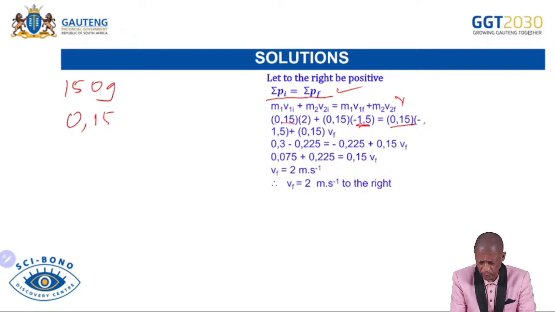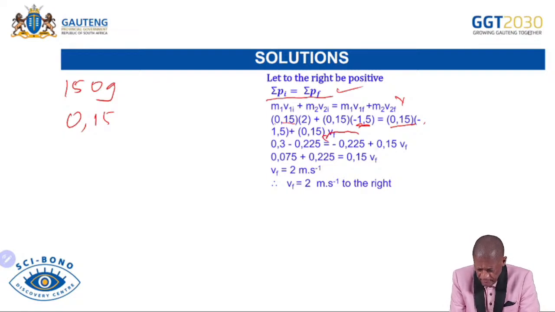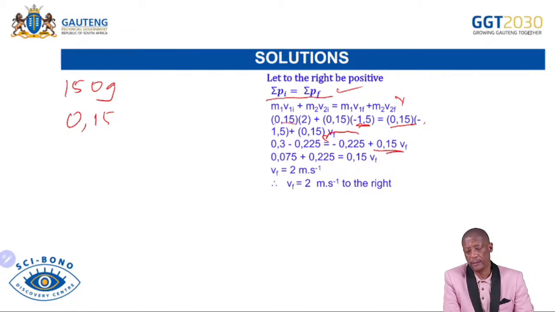Then you want V. Now, what you do, you take all the numbers together. You group them together. It means you are going to transpose this one, this side. And the sign is going to change, right? Then this side you are going to remain with this one because it's the one that we want.